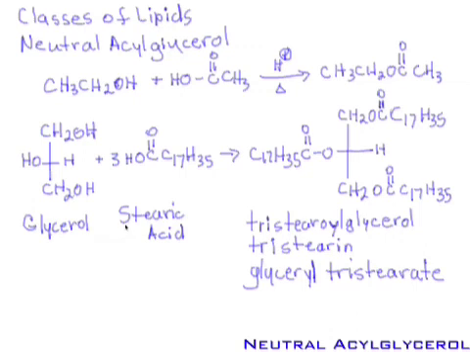Glycerol tristearate is an example of a lipid, and it is also a fat. Now, while fatty acids are not fats, you can see how they combine with alcohols to form esters that are fats. In the next Scribblecast lecture, we're going to explore neutral acylglycerols in more detail. I'm Dr. Brian Lloyd. This is my Scribblecast. I thank you for listening.